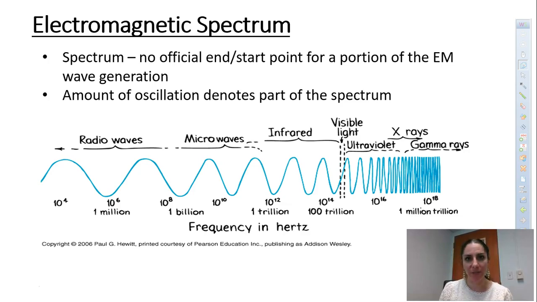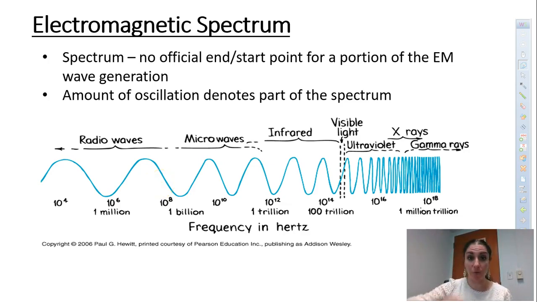Now, a spectrum means that there's no defining endpoint to some of these areas. So if we do a slow wiggle, we decided to call that a radio wave. And in fact, there's no official cutoff where the radio wave happens. It's just like a grouping. So there's some gray area right here. But that's what all these names represent, just how much they wiggle.